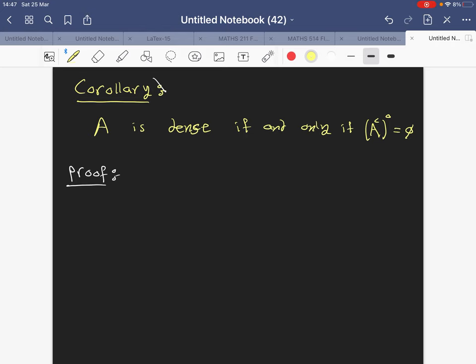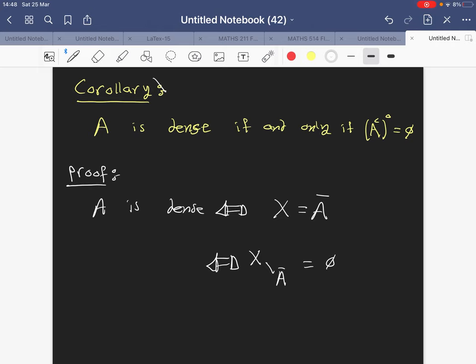There is nothing as an open set there. How do we prove it? We just go with the definition of a dense. So A is dense if and only if X equals the closure of A, which means if we take X, we get an empty.